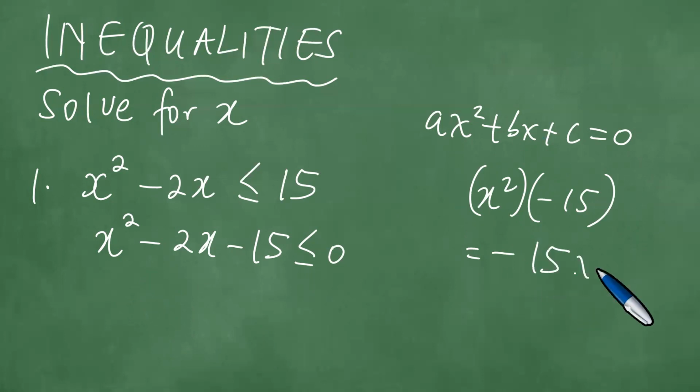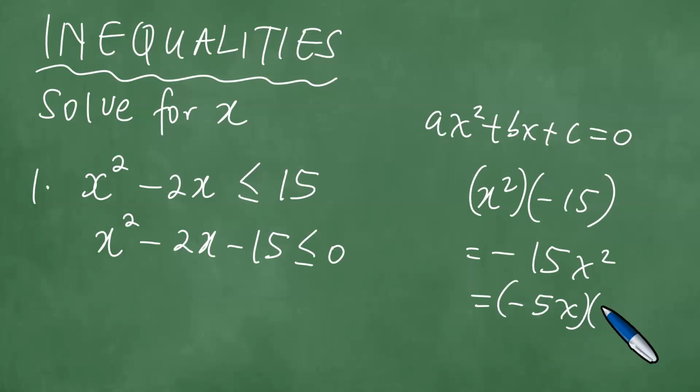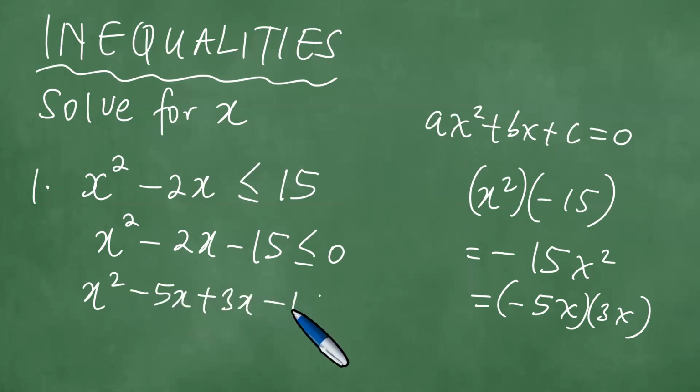So we are spoiled for choice. We multiply x squared with minus 15, we get minus 15x squared, and we can see that we have minus 5x and 3x as the factors, so that at this point we have x squared minus 5x plus 3x minus 15 is less or equal to 0.